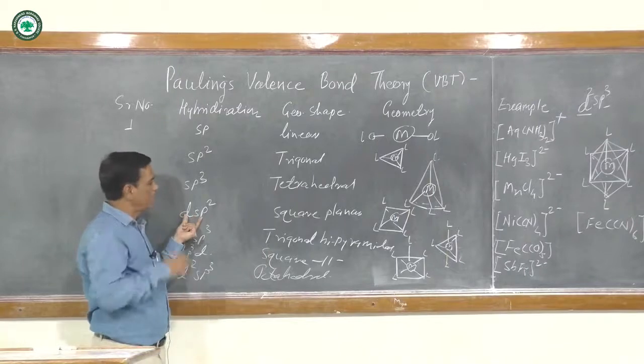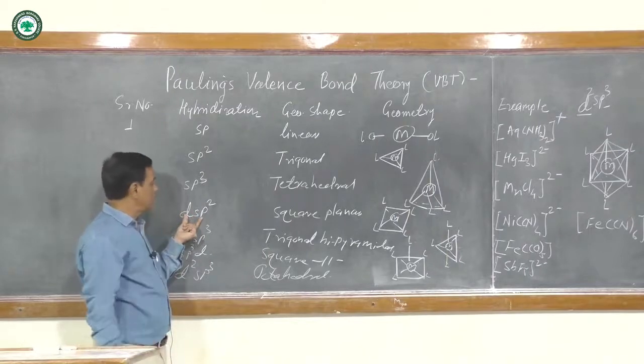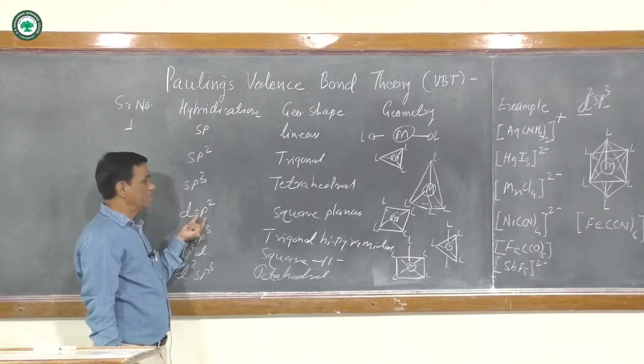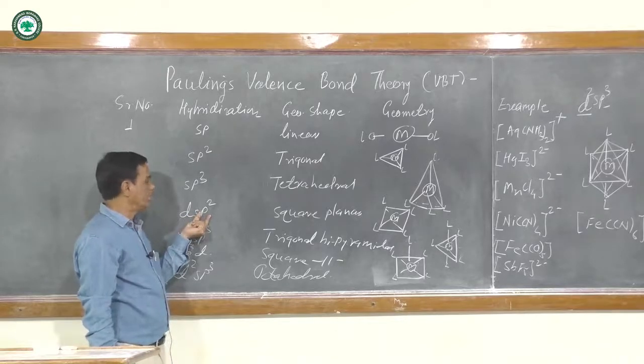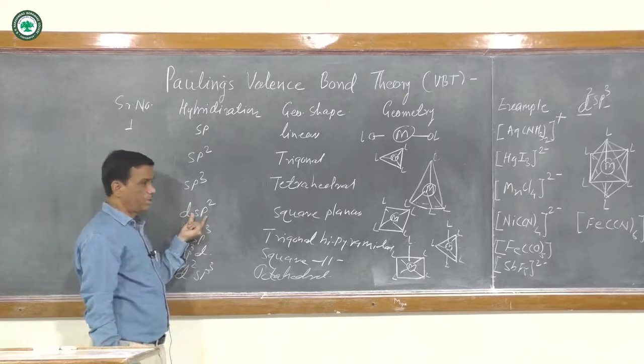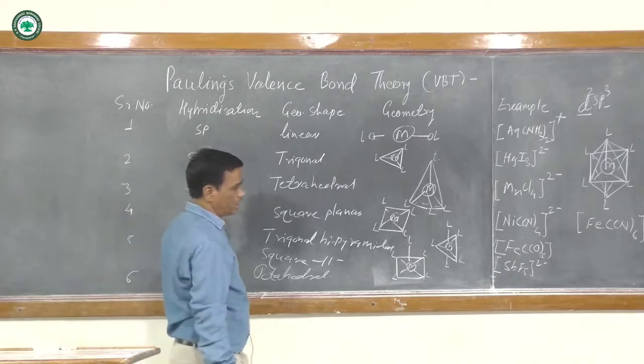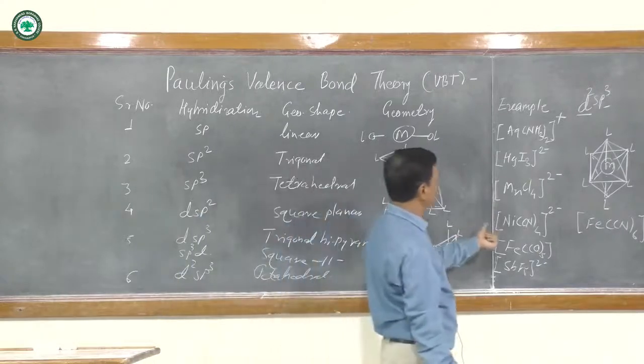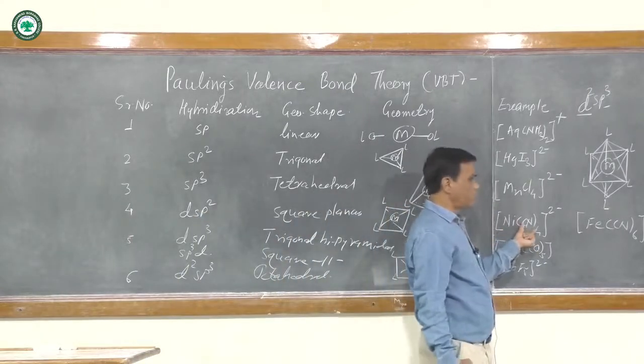Then dsp2 hybridization. In dsp2 hybridization, 1d orbital, then 1s orbital and 2p orbitals combine, and there is a formation of 4 equivalent hybrid orbitals. Suppose the example is Ni(CN)4 2-.